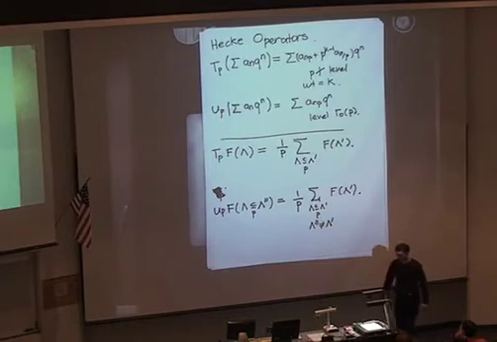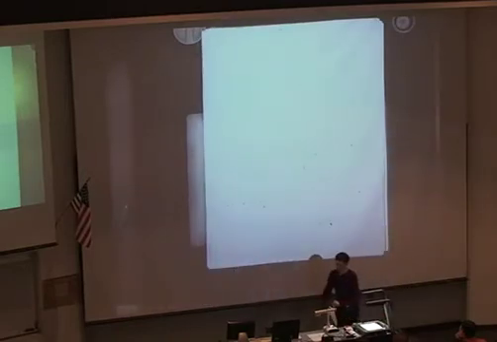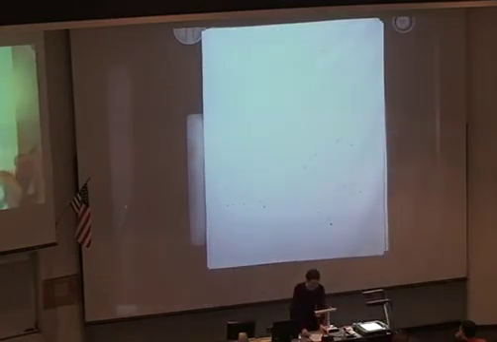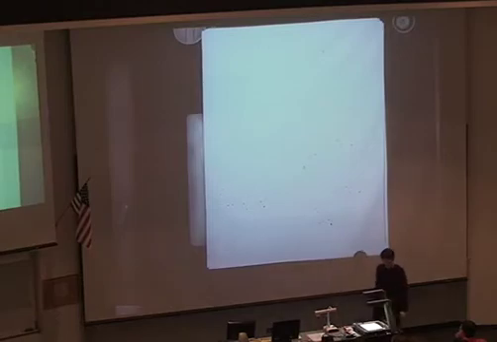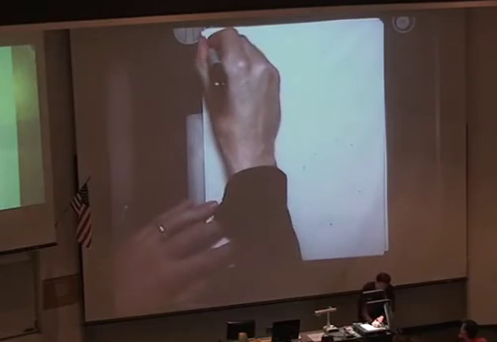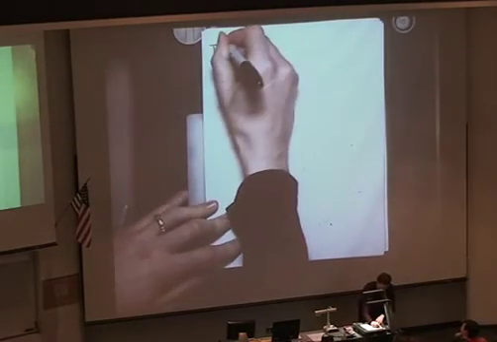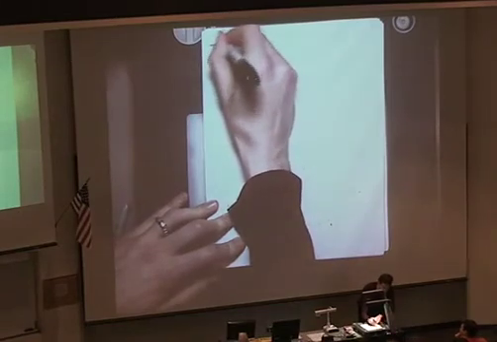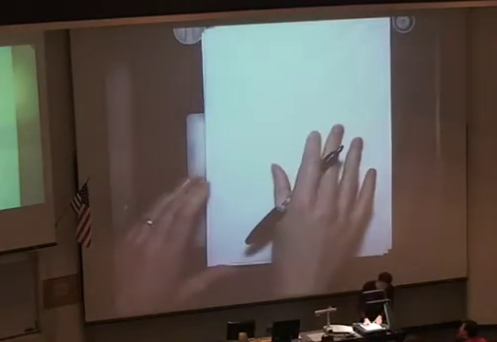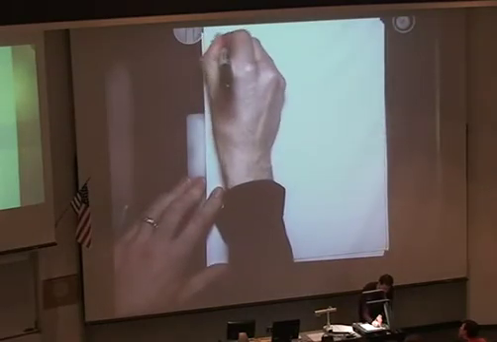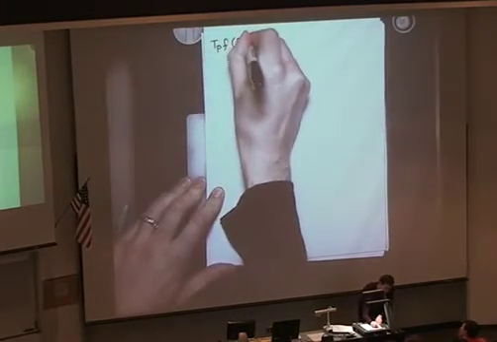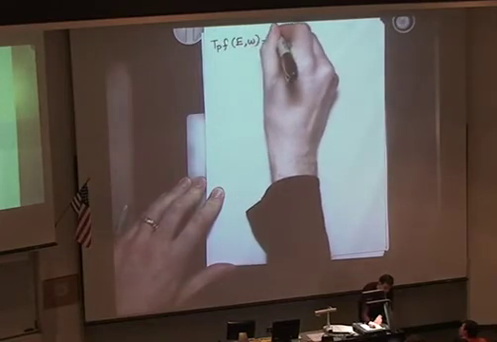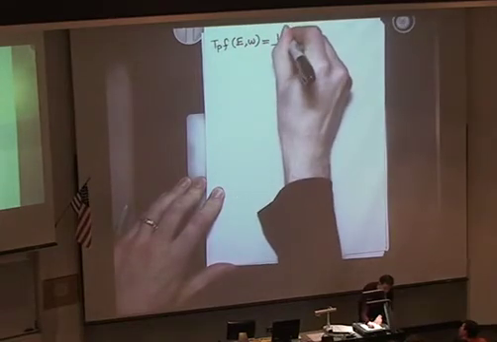And you can also describe these things in terms of the picture of elliptic curves as well. So for example, if I want to define T_p of f on an elliptic curve and some differential, again we're going to have a sum, 1 over p.